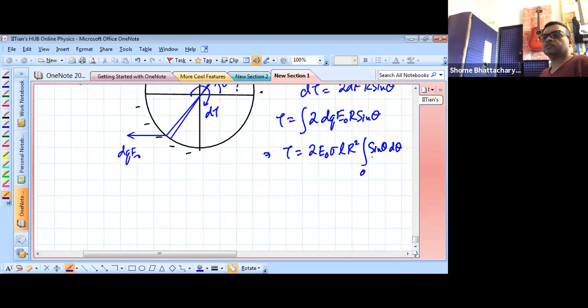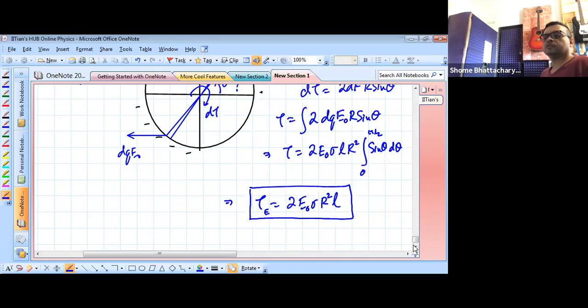And theta, as you can see, will go from 0 to pi by 2. So the torque will become 2 times E naught sigma R square L into 1. This will become the torque because of the electric field.